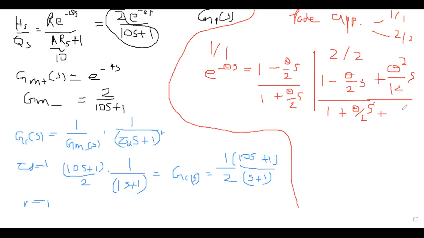There's a huge derivation for this. This is an approximation method. You have the pade approximation, you have the Taylor series approximation. These are different ways you can use this.